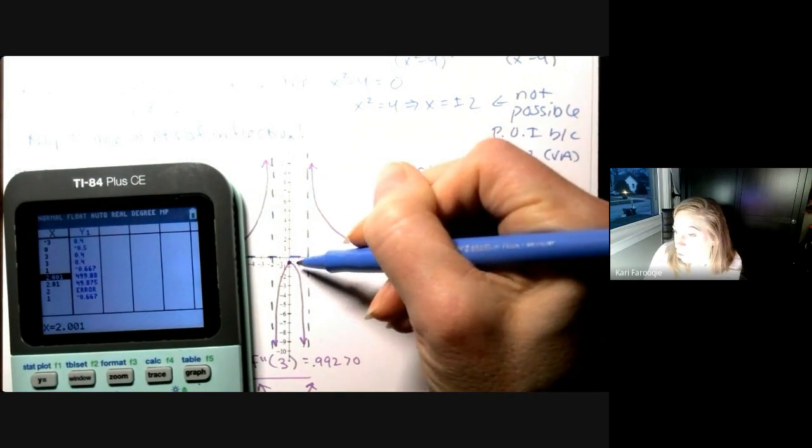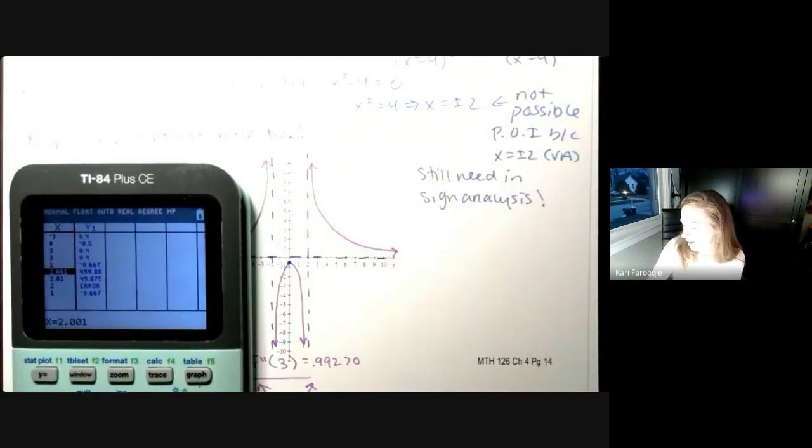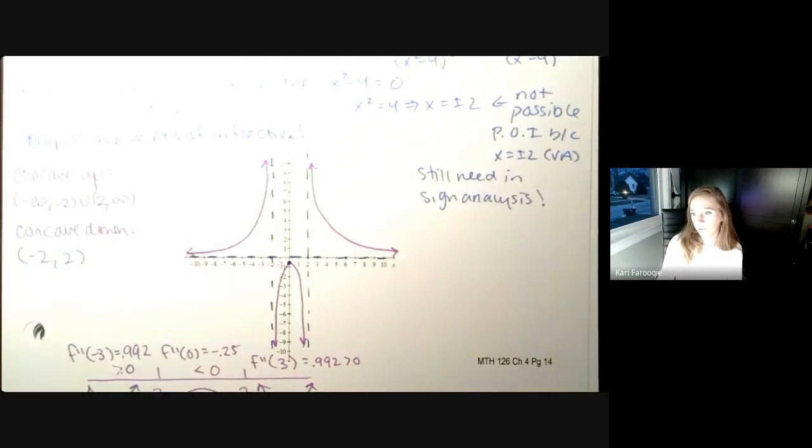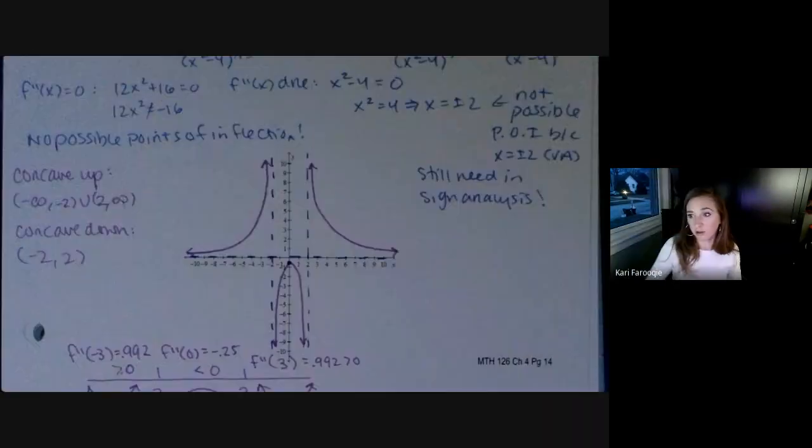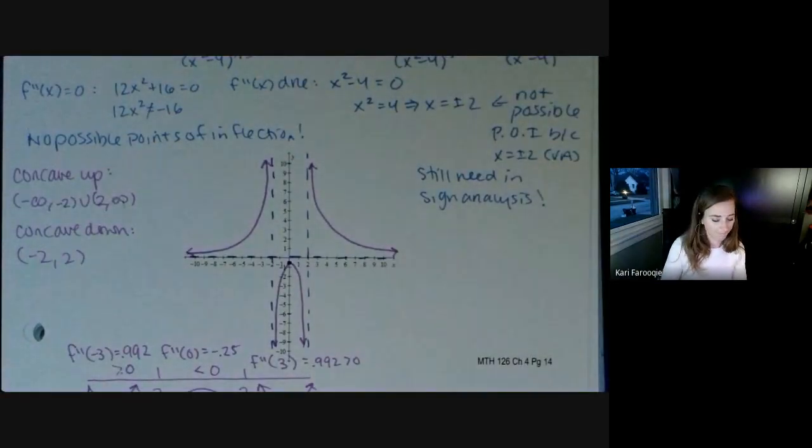So your graph should open a little bit wider, but I'm not too picky about that. I just want to make sure, do you have the general shape of the graph? That's what I'm looking for. Terrific. All right. Next.